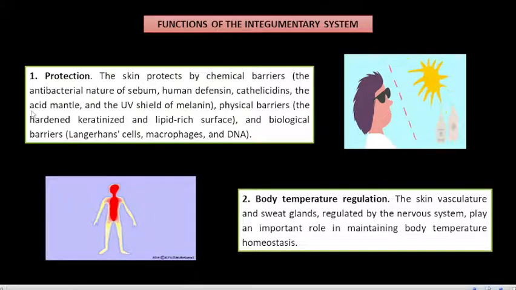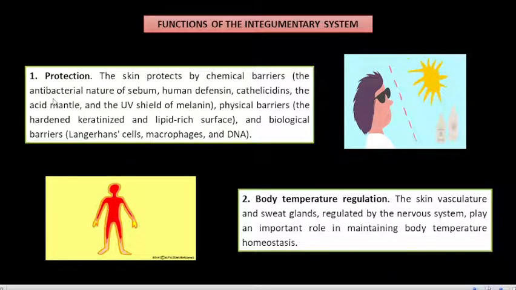Okay, the second to the last is your acid mantle. So, on the surface of our skin, class, a fine, slightly acidic film is actually present. Okay, yan siya ang acid mantle. Kaya nga acid because it is an acidic film found on the surface of the human skin. So, para saan itong acid mantle?